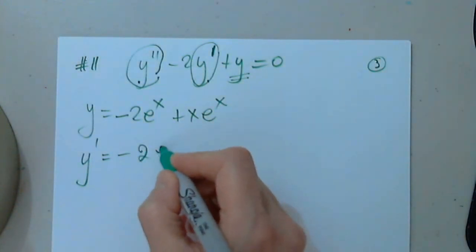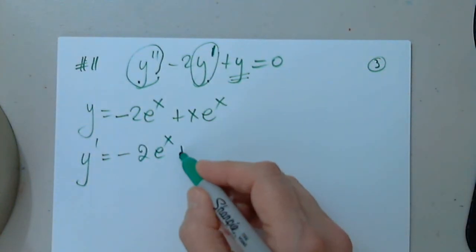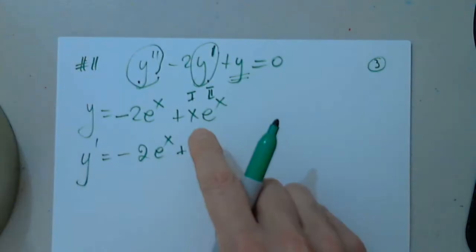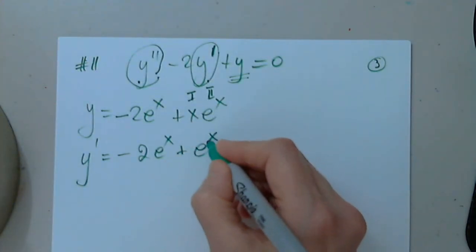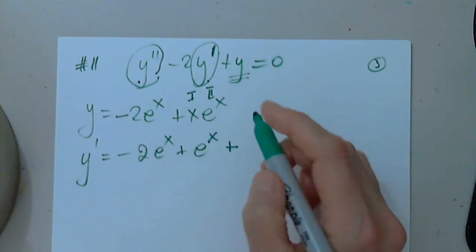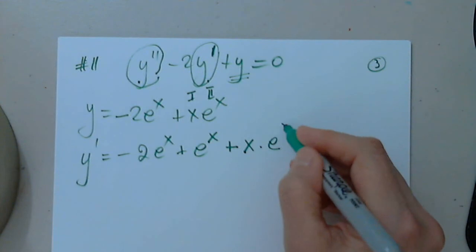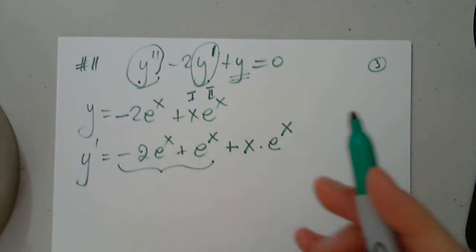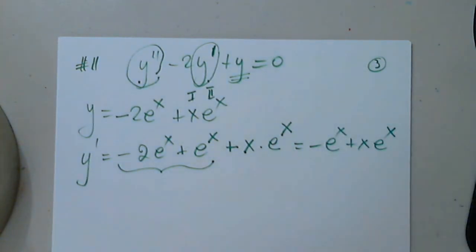So negative 2 e to the x plus, be very careful, this is the product rule. Function 1, function 2. Function 1 prime is 1 plus function 1 times function 2 prime. I have to combine like terms. So this is negative e to the x plus x e to the x.